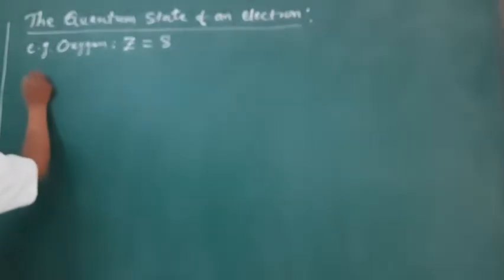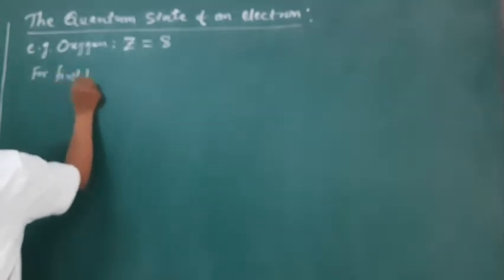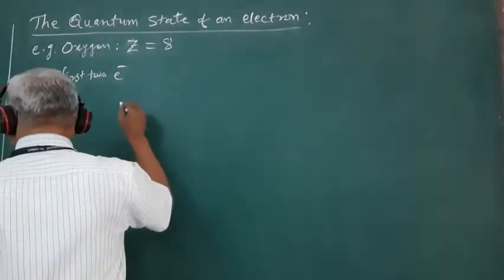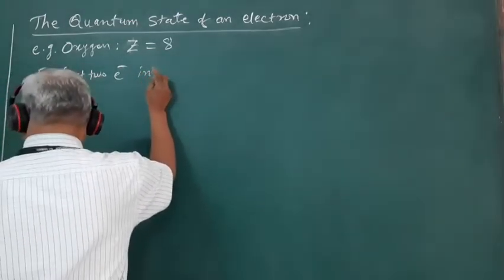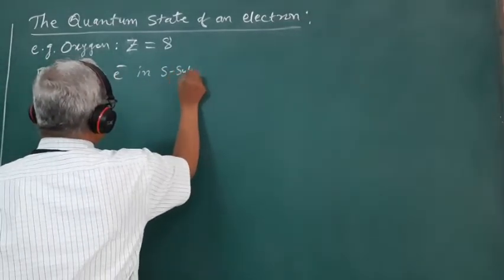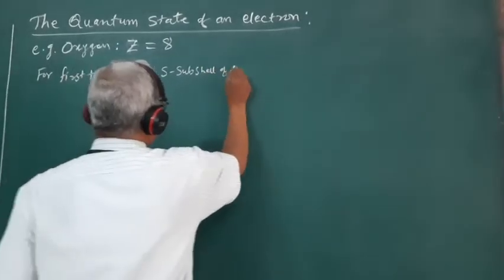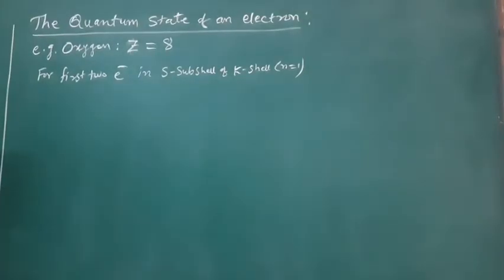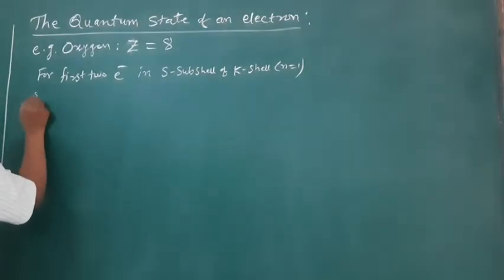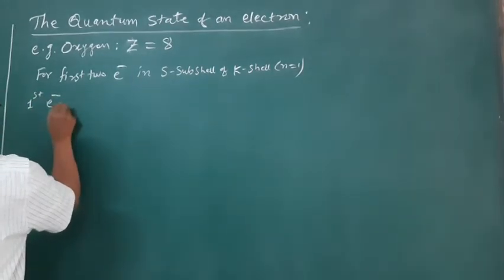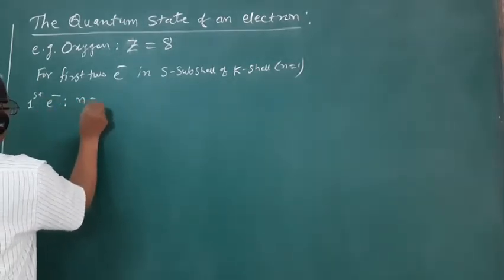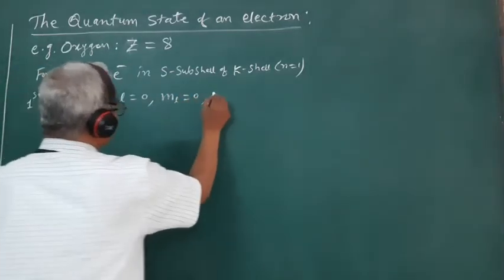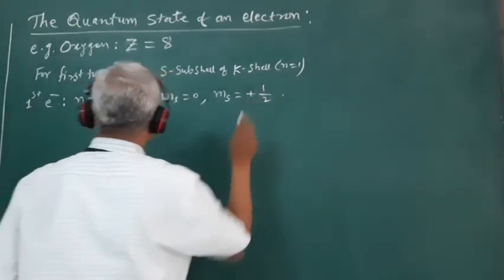So for the first two electrons, in the s subshell of the K shell, for which the principal quantum number n is equal to 1, the first electron has the quantum numbers n equal to 1, l equal to 0, ml equal to 0 and ms equal to plus half.